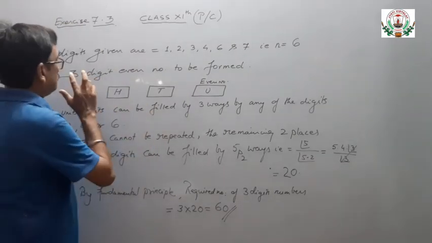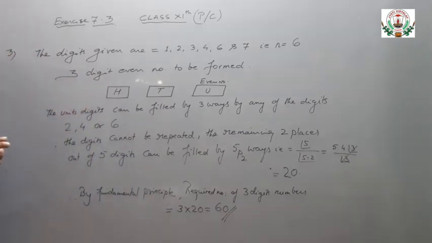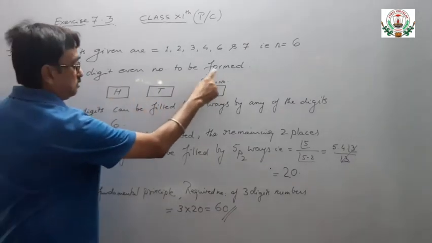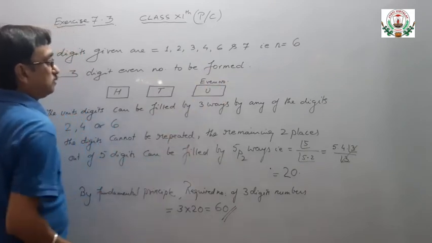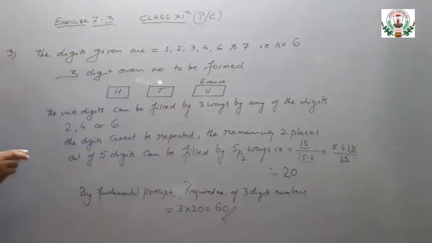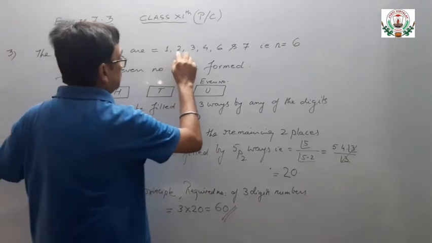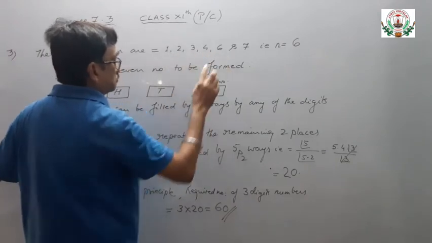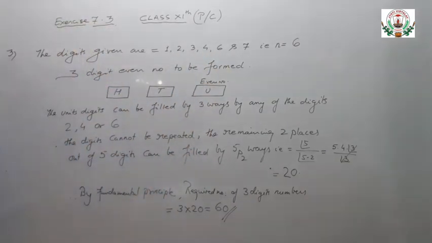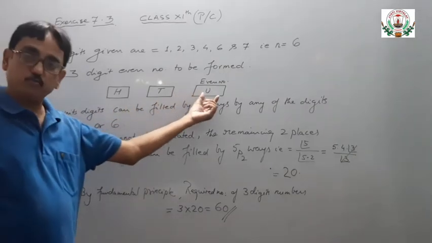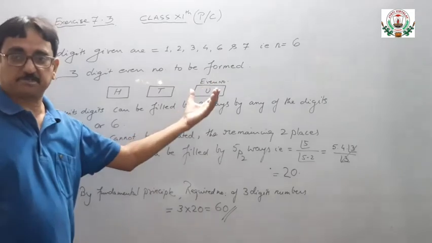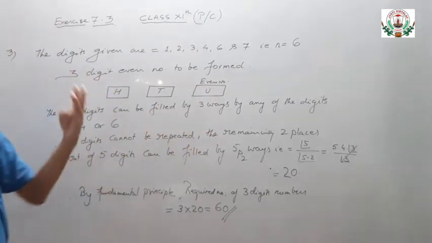So to make it an even number, the unit place must have an even digit, and out of the given digits we have the even digits 2, 4 and 6. Only 3 digits we have that are even. So either here it can be 2 or 4 or 6. So the number of ways becomes 3 ways.